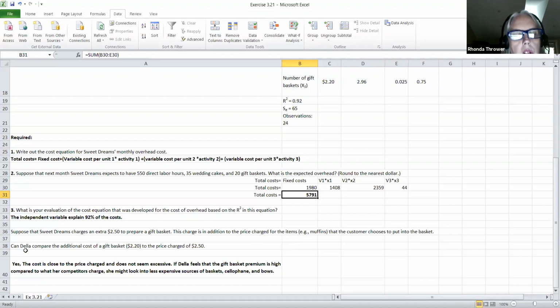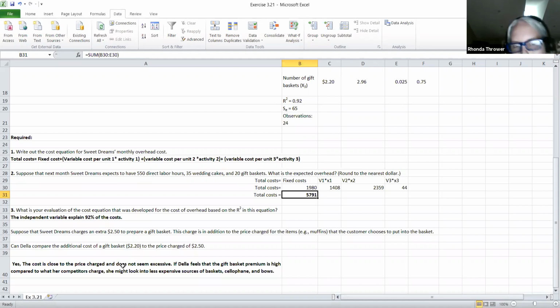But they're asking you, can you compare the additional cost of a gift basket that was originally $2.20, determined in your regression analysis, to $2.50? And the answer is yes, that it is close to the price that's charged. So if they charge an extra $2.50, it doesn't seem like that price would be excessive, or that much more than $2.20.